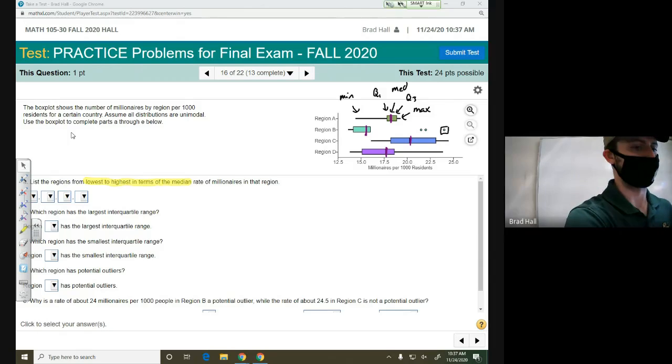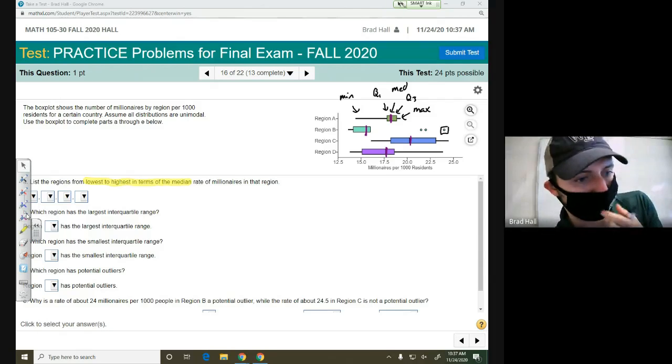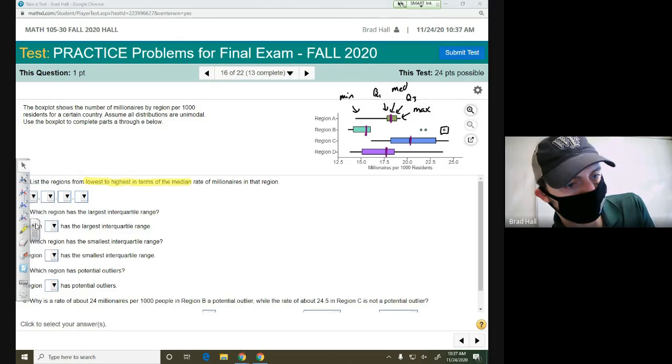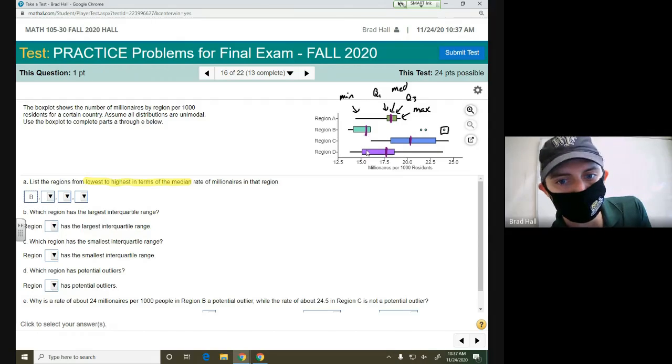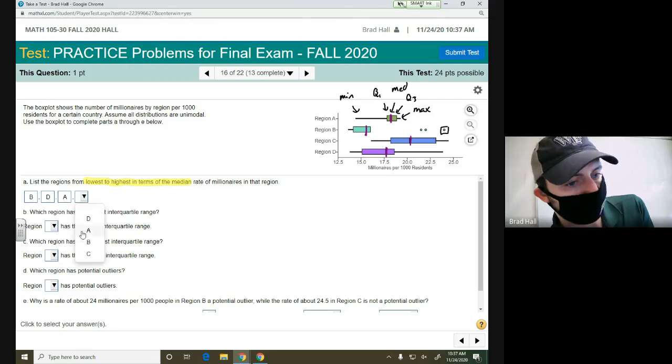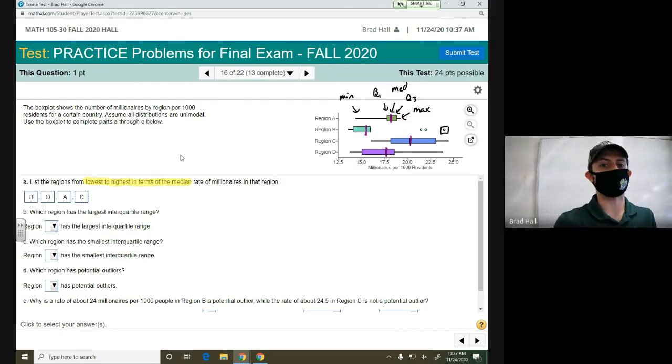It looks like the first one is region B, all the way to the left. Then the next one seems to be region D, followed by A, and then C. That's ranking them by median alone.